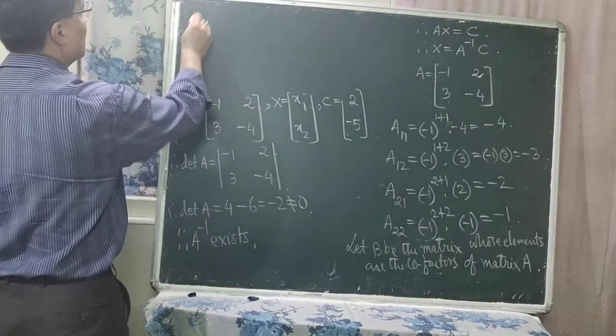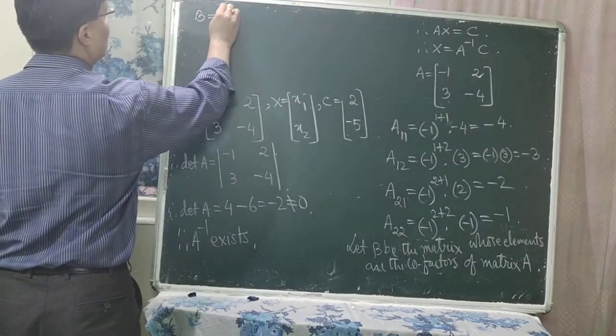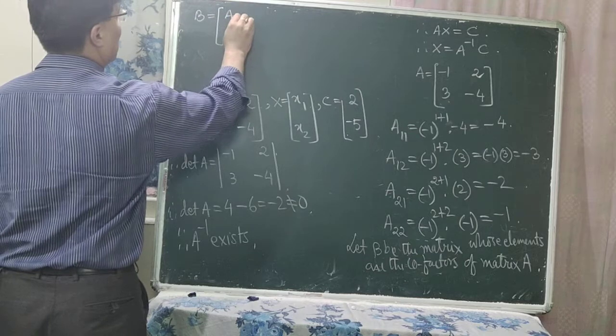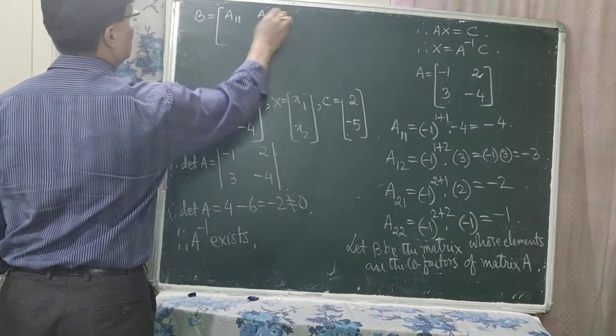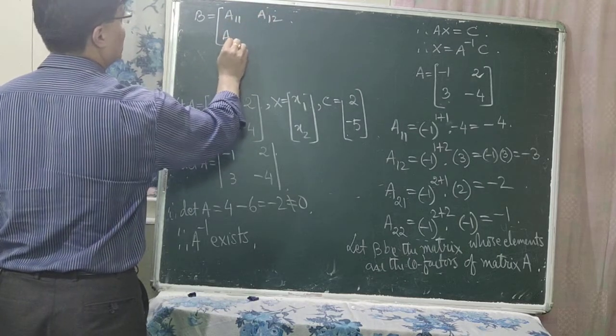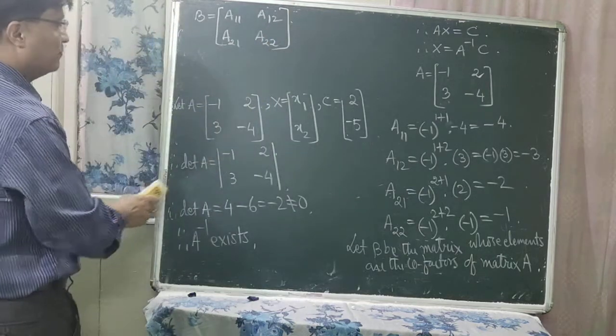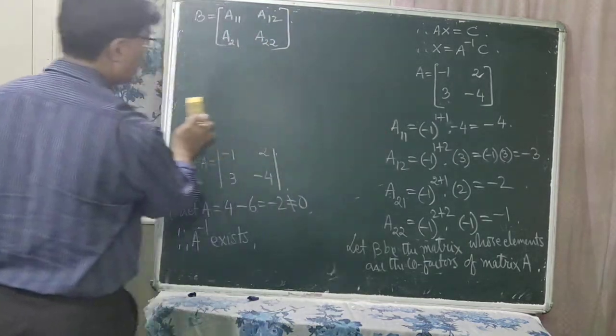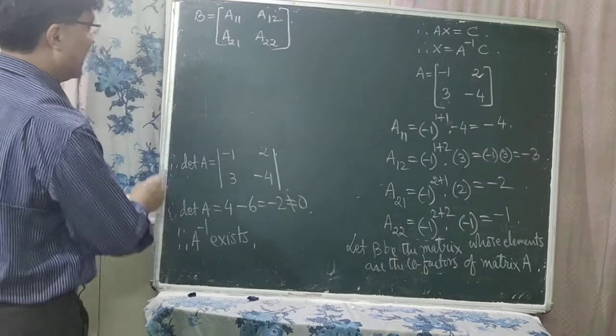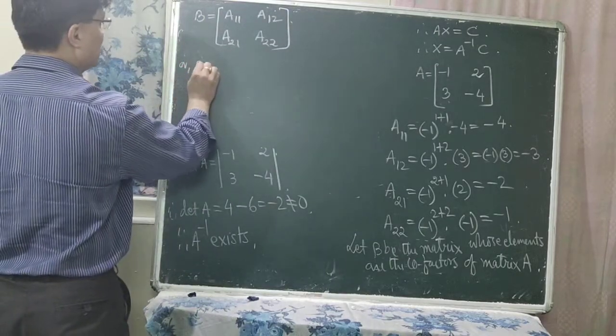What's the next? What is capital B here? It is A11, A12, A21, A22. This is the matrix B, whose elements are the cofactors of the elements of matrix A. Or what is capital B out here?